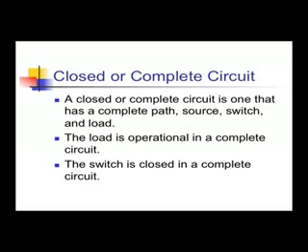When you measure voltage across an open circuit, you will always get a reading of source. When you measure resistance across an open circuit, you'll always get a reading of infinity, or most meters show OL. So voltage across an open is whatever the source voltage is. Resistance across an open is OL.